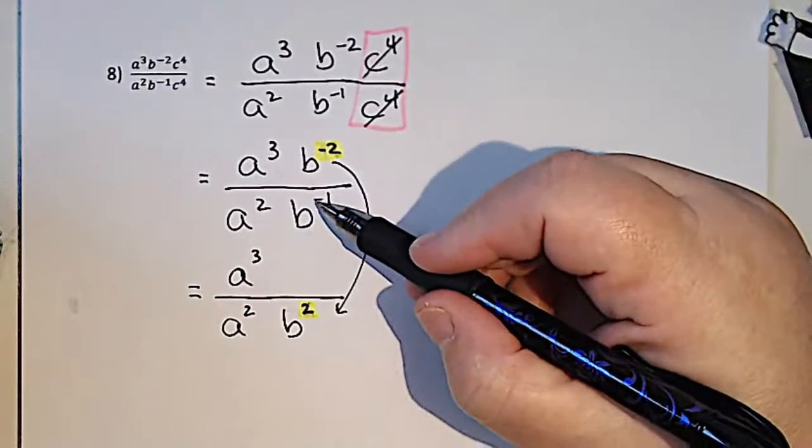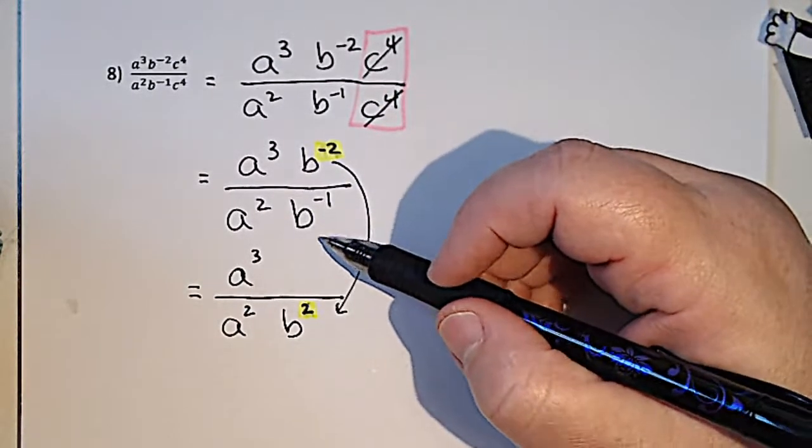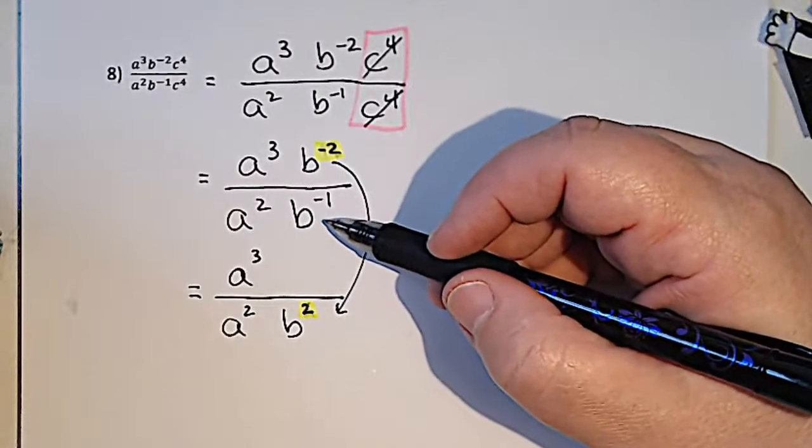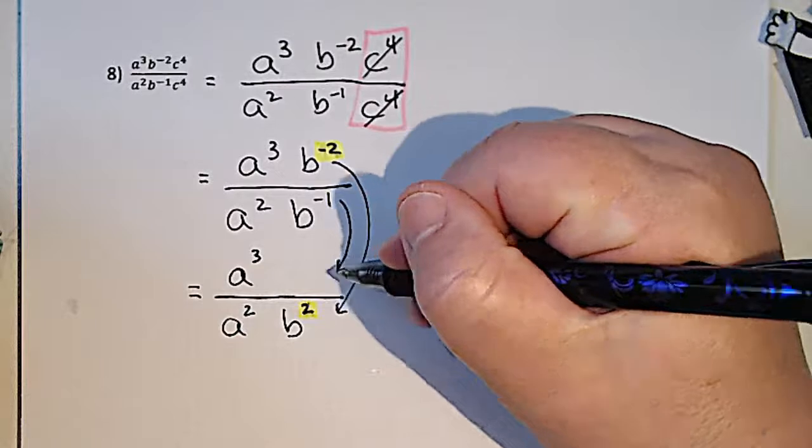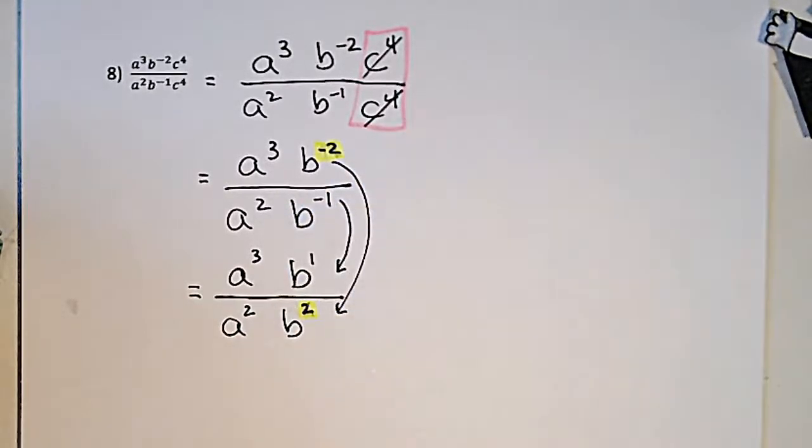Now, this b to the negative 1, this is a normal person who's down in the denominator going, I don't want to be down here. I'm not happy. So we can bring this one up to the top, and once we bring it up to the top, it changes the sign. So when you change the position of whatever the variable is that you're looking at, you change the sign. They go top to bottom and bottom to top.